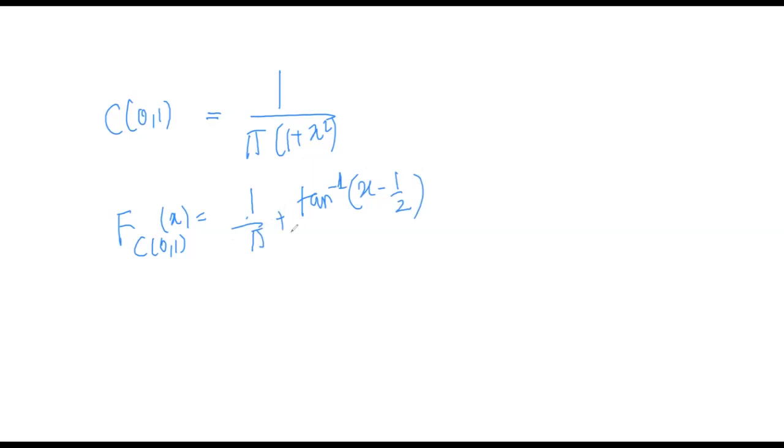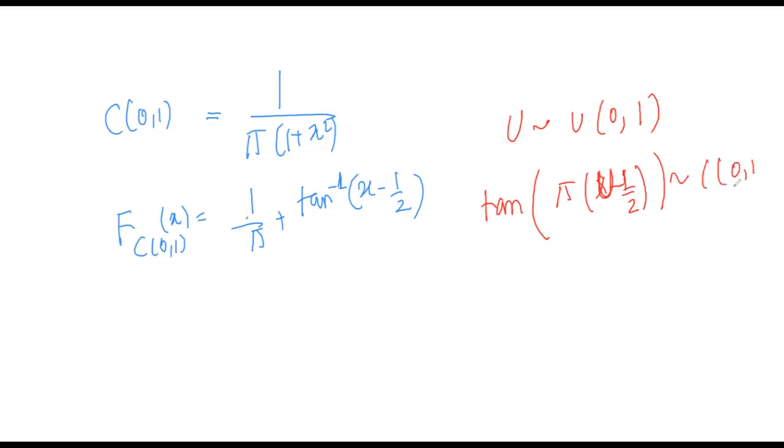So now my viewpoint is the following: if u follows uniform 0 comma 1, then tan of pi into u minus half follows Cauchy 0, 1.